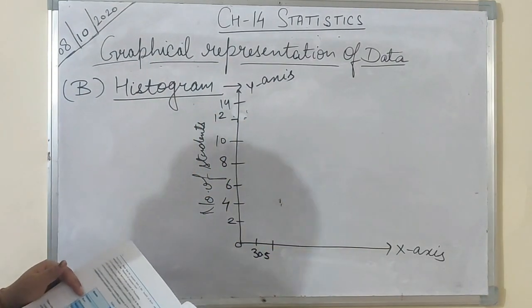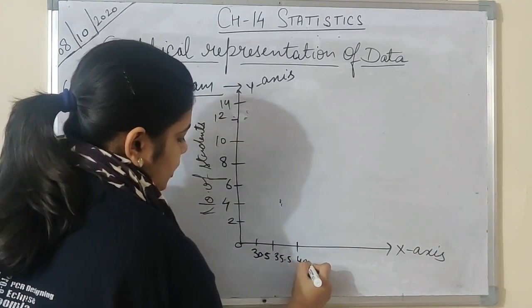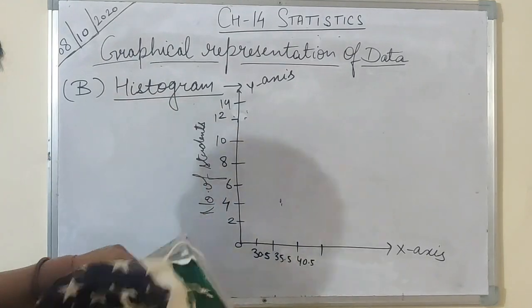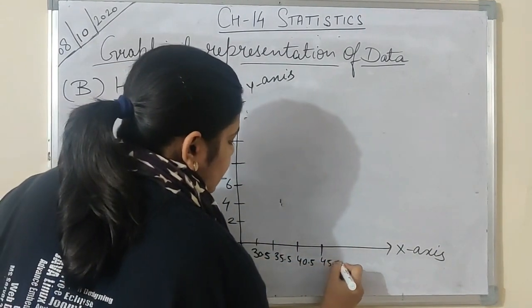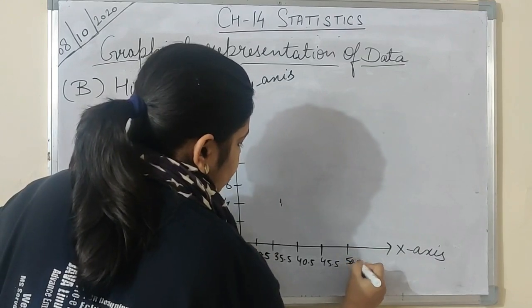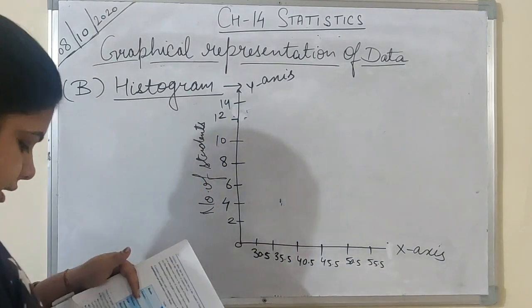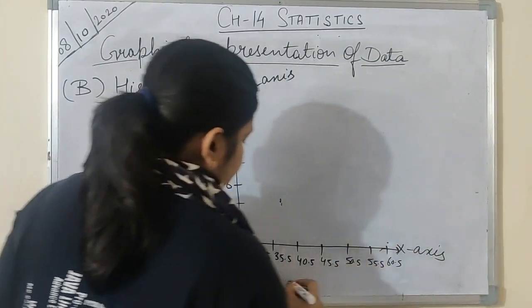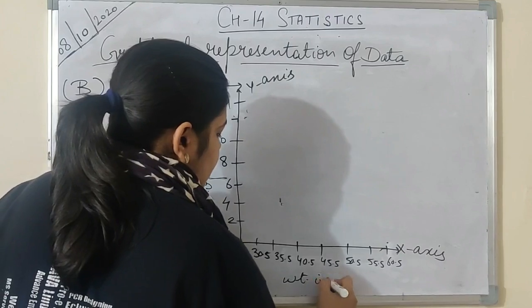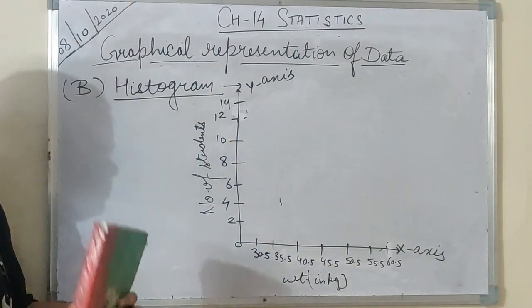You will observe that it will be 35.5, then next 40.5, then 45.5, then 50.5, then 55.5, and at last 60.5. These are the weights in kg. I hope this is clear to all of you.